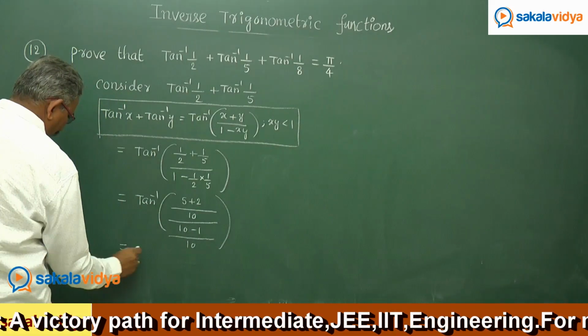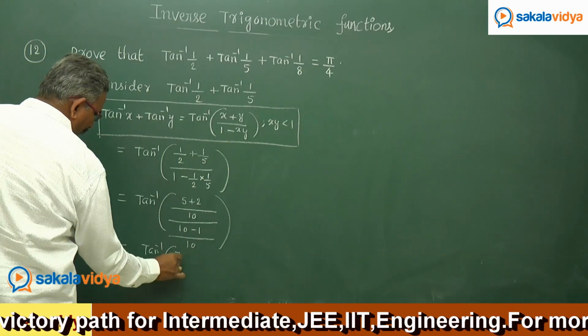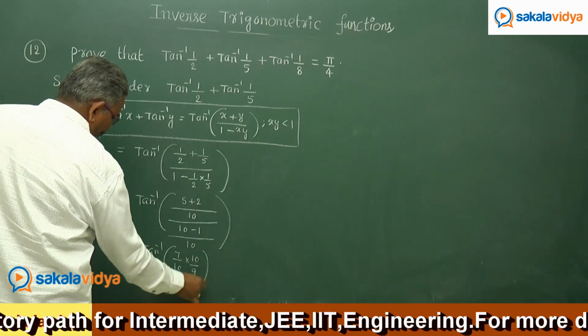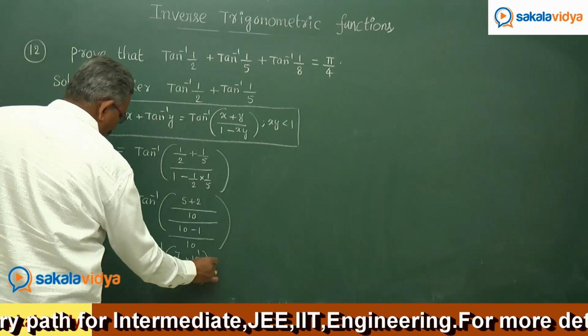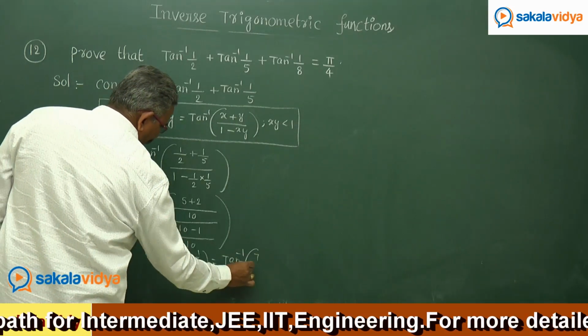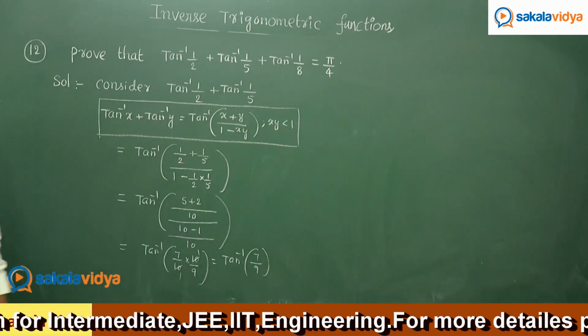Now this can be written tan inverse of 7 by 10 multiplied by 10 by 9. This is tan inverse 7 by 9. So we have simplified this one.